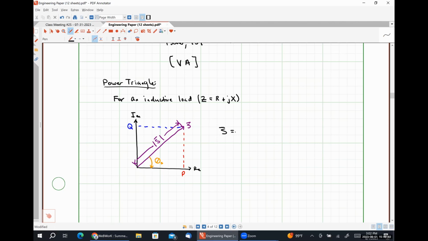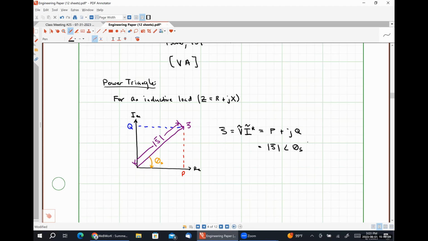So in summary, S, which is simply the product of RMS phasor voltage times RMS phasor current, is equal to P plus jQ in rectangular coordinates and apparent power angle, power factor angle in polar coordinates.